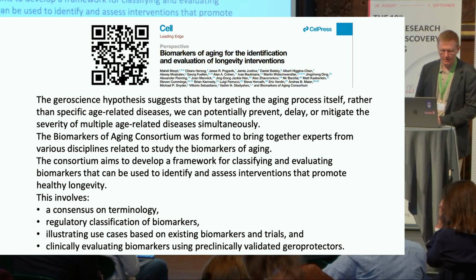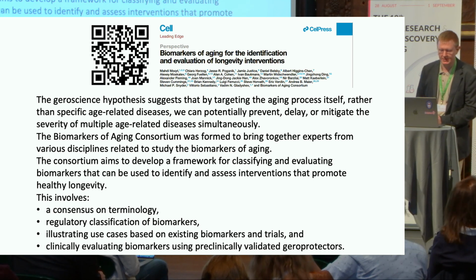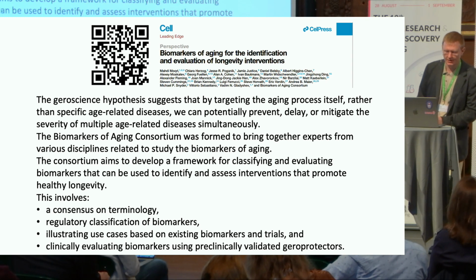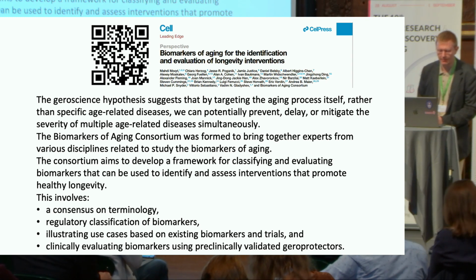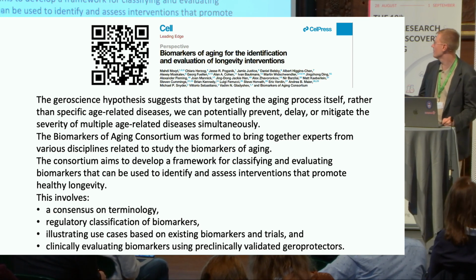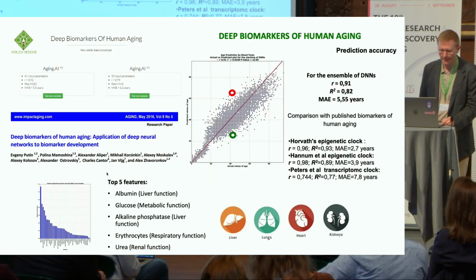This involves a consensus on terminology, regulatory classification of biomarkers, illustrating use cases based on existing biomarkers in trials, and clinically evaluating biomarkers using preclinically validated geroprotectors. It could be published maybe today or tomorrow, this paper.